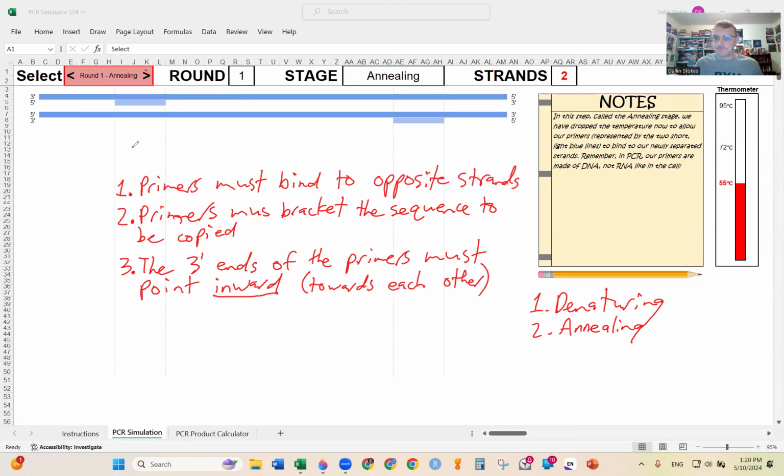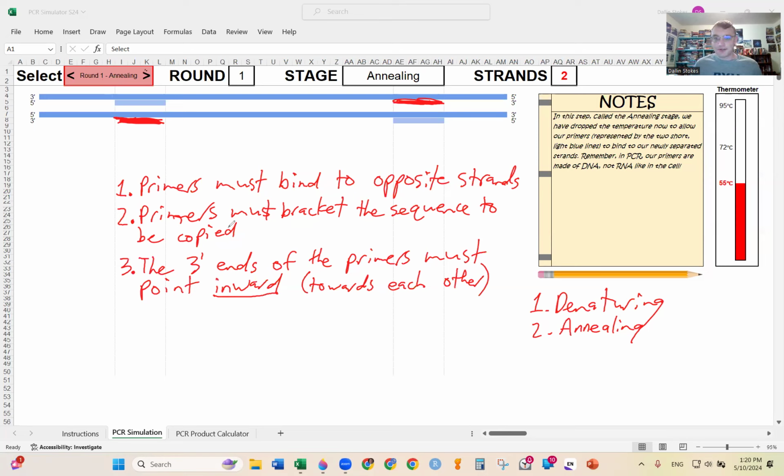For example, if I laid down a primer right here and a primer right here, they're passing rules 1 and 2, right? I've got a primer on the bottom strand and I've got a primer sticking to the top strand. And they pass rule 2 because they aren't sticking to the same spot.